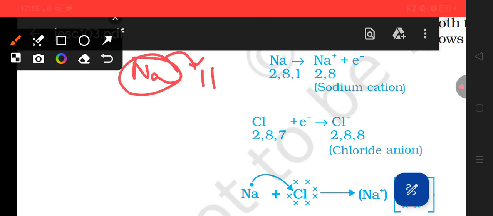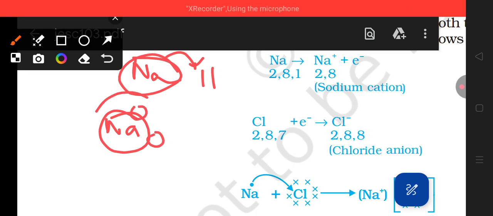Atomic number means the number of electrons and the number of protons, so the number of protons is 11 and the number of electrons is also 11. But when it comes to electronic configuration, 2 electrons are in the first shell. In this shell there are 8 electrons.